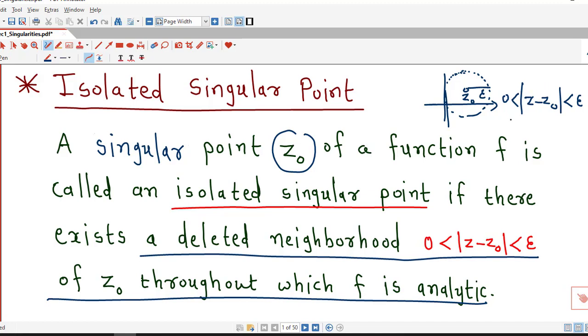So a deleted neighborhood means the set of all points inside this circle without considering the center of the circle. These are the points at which we have to see whether our function is analytic or not. This set is known as the deleted neighborhood of z0. If our function is analytic at every point in this deleted neighborhood of z0, then this singular point z0 is called an isolated singular point.